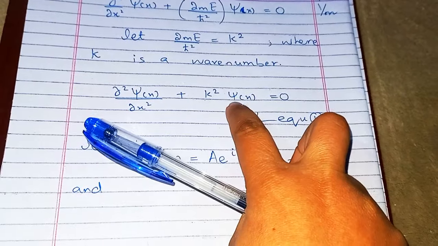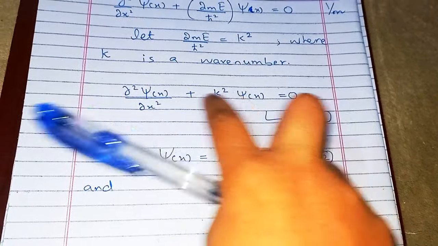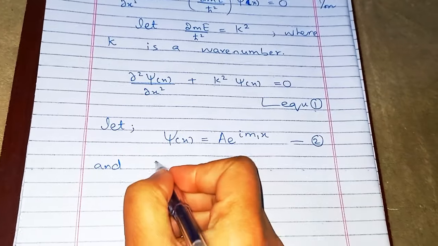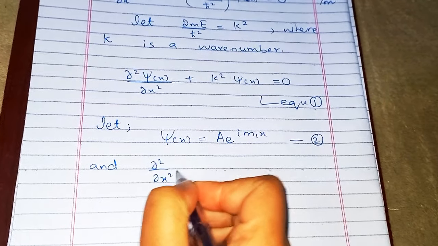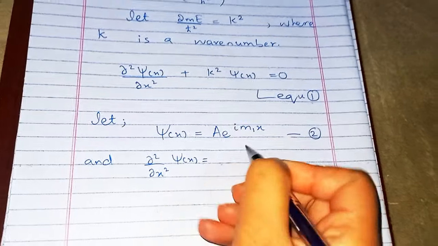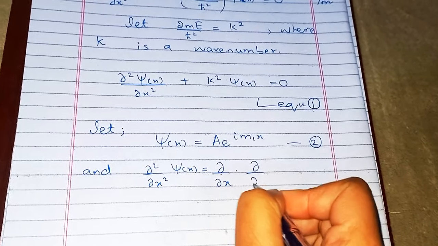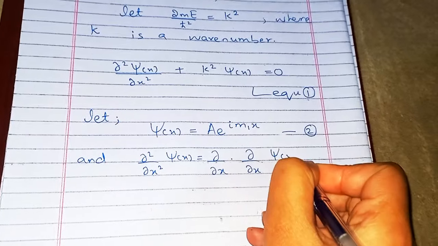We have psi of x here, we can plug it in, but we should have the double derivative of psi of x as well. So we are supposed to calculate the double derivative of psi of x. Let's calculate it. Double derivative means partial by partial x, then partial by partial x again of psi of x.